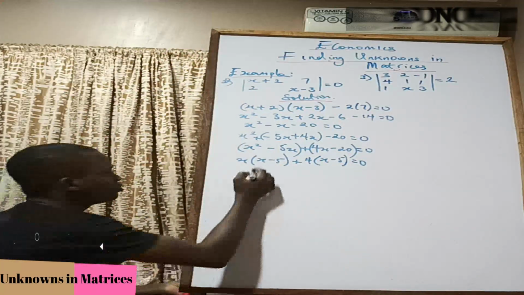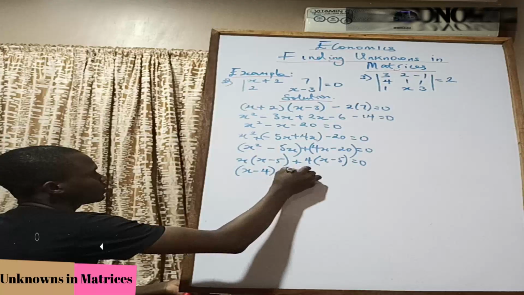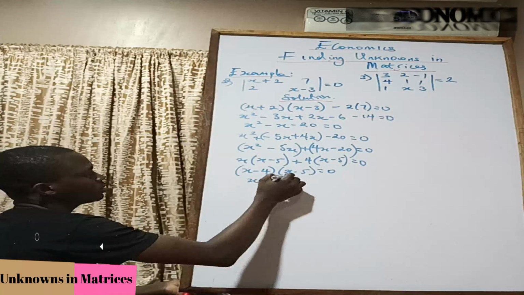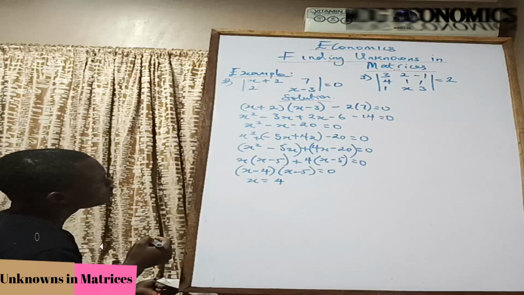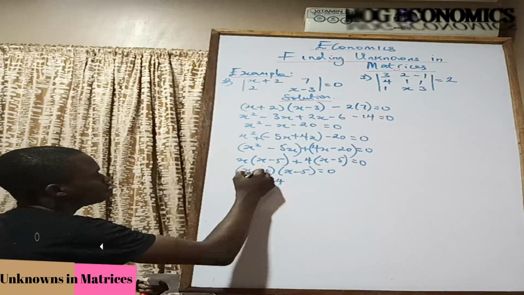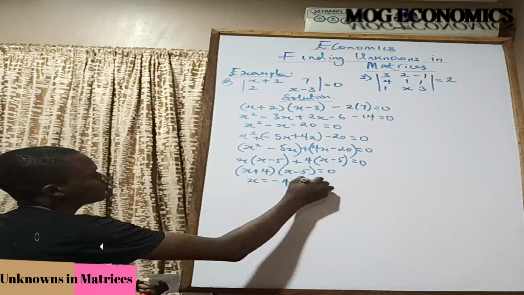So we are going to have (x plus 4)(x minus 5) equals 0. So x equals minus 4 or 5.